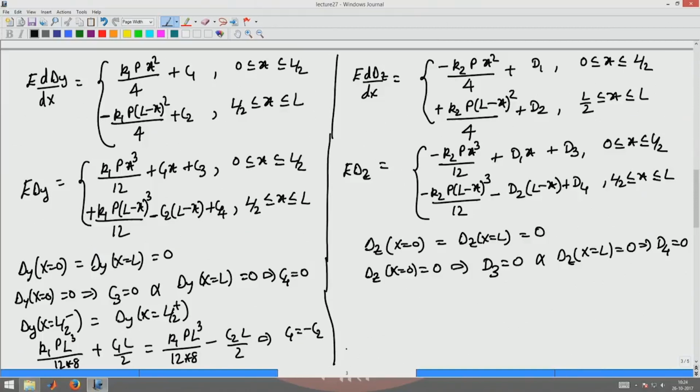Okay, similarly here delta z at x equal to L by 2 minus must be equal to delta z at x equal to L by 2 plus, this is the continuity condition at L by 2.